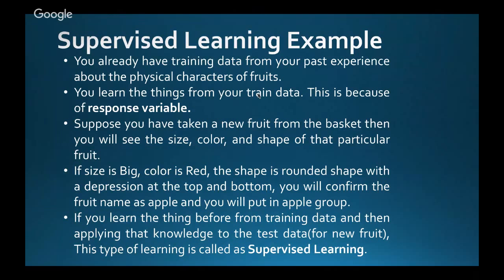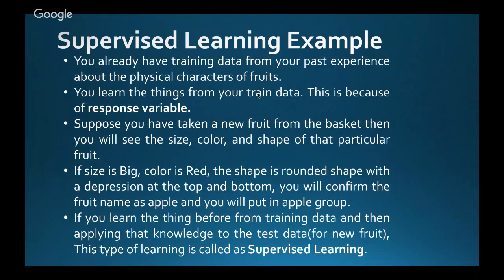So you have test data, you compare it, and you figure out certain parameters, and if those parameters match your training data, then you say your test data is equal to this training data, so they might be the same, and hence you segregate them. So it is known as supervised learning.